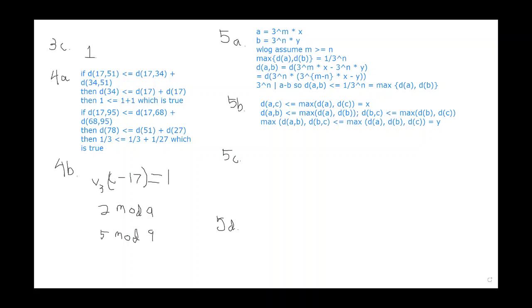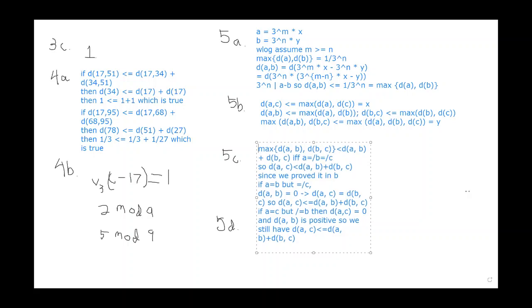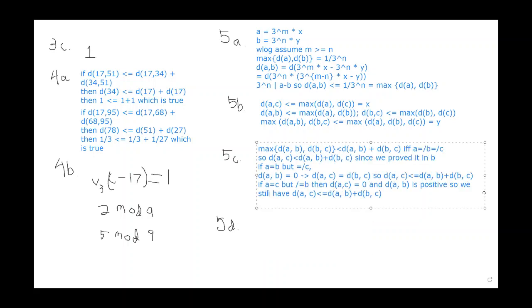So, the max of d of AB, d of BC is less than their sum if and only if at least one of them is positive. Correct. So d of AC is less than or equal to their max, which is less than their sum, which we proved in B.